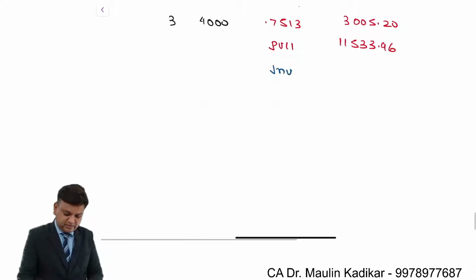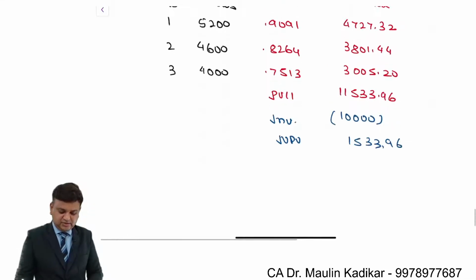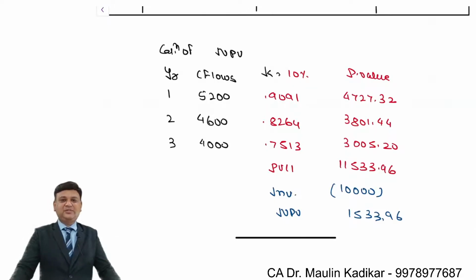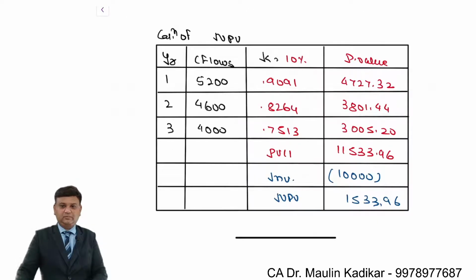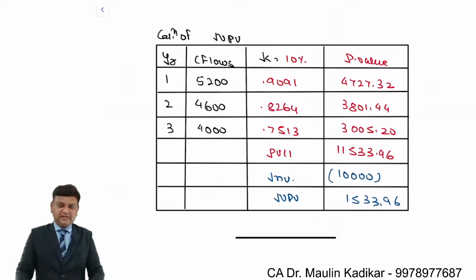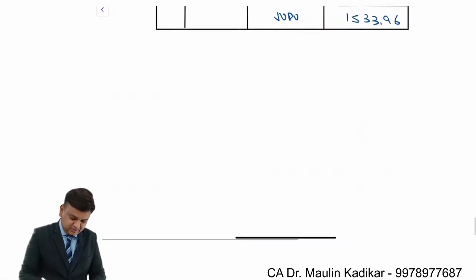Amount of investment, that is 10,000. So NPV of the project is 1533.96. This is the way the NPV of the project can be found. So now we understand the final decision.